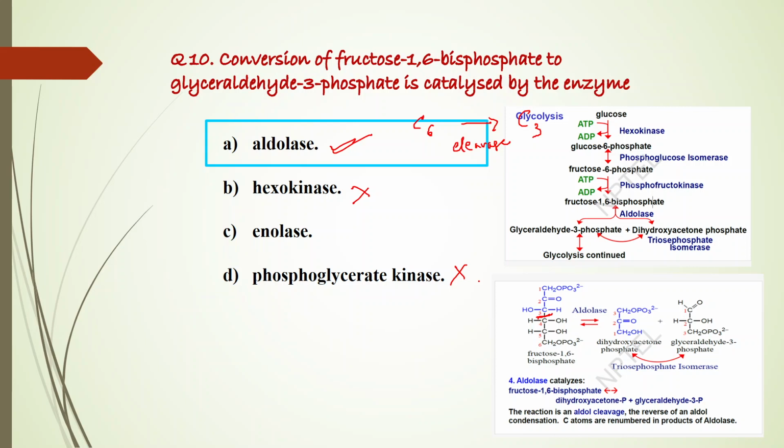Now let us go back here to discuss it. Although this is a bit out of topic, let us discuss. So we can see we have our initial conversion from glucose to glucose 6 phosphate through hexokinase. But what is the problem here? We need a regulation. Why so? Because once it goes to glucose 6 phosphate, this process is irreversible.